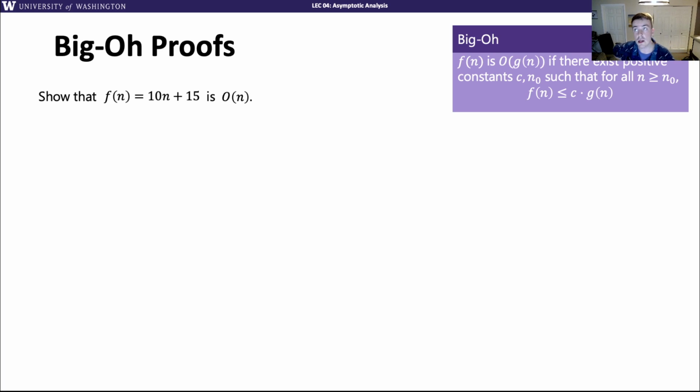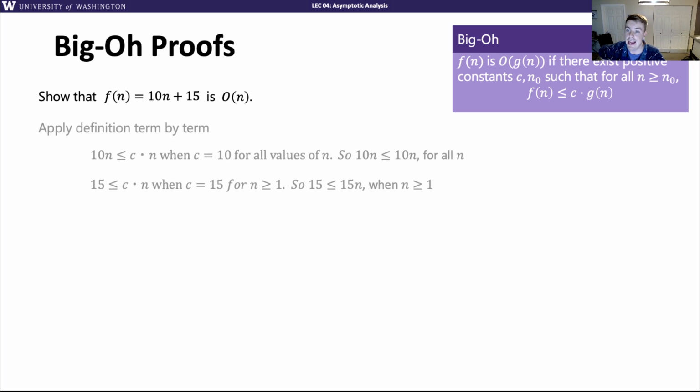One common technique for doing these proofs that I'm going to show you here is you apply the definition term by term to gather some true statements, and then combine those truths for your overall proof. So here's what I mean by this. This f function has two terms, 10n and 15. We'll tackle each term individually at first. So 10n is going to be less than or equal to c times n.